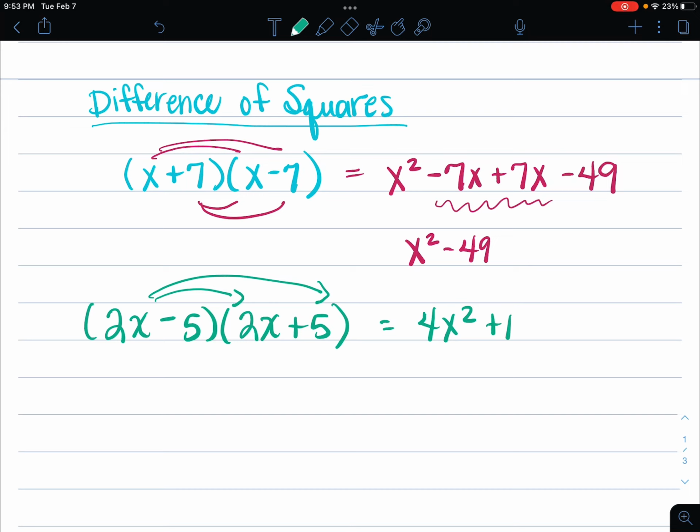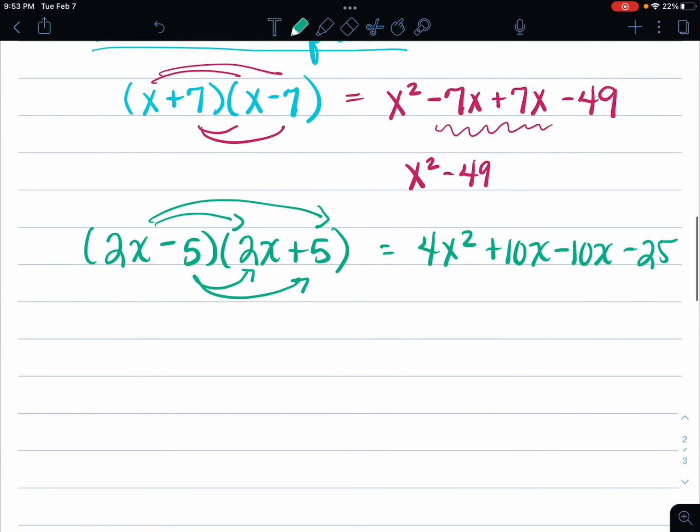Right, so you get 4x to the second plus 10x, and then distributing that negative 5 here, that's going to give me negative 10x minus 25. Look what happens again. Those two middle terms, 10 minus 10, that's 0. They add out. So I'm left with 4x squared minus 25.